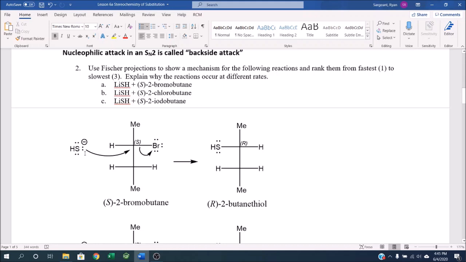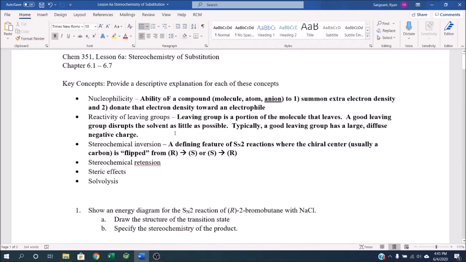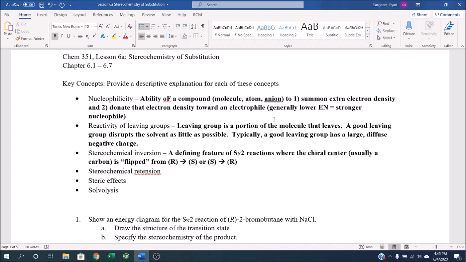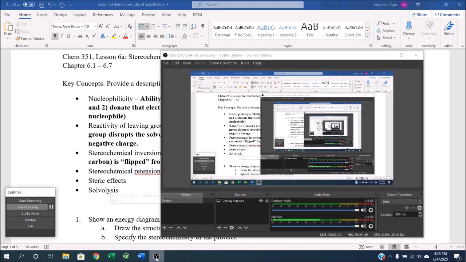The ability to have extra electrons, usually a negative charge, and then the ability to throw those by not being very electronegative. So we'll make a note here. The ability to donate the electron density toward an electrophile, and so generally lower electronegativity is equal to stronger nucleophile. Capital E, capital N is kind of a standard abbreviation for electronegativity or electronegative.